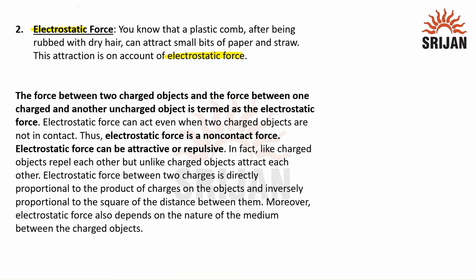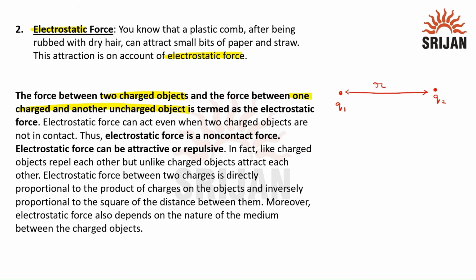The force between two charged objects and the force between one charged and another uncharged object is termed as electrostatic force. So, let us consider two objects. The first object is Q1 and the second object is Q2, and the distance between these objects, let us say, is small.